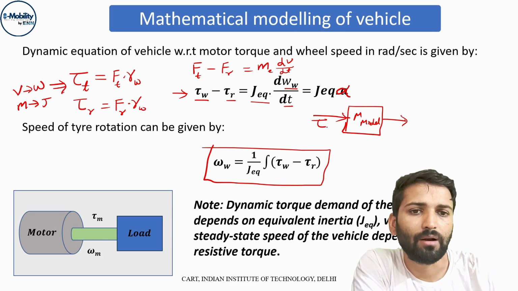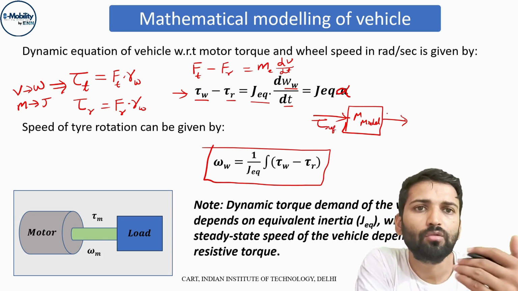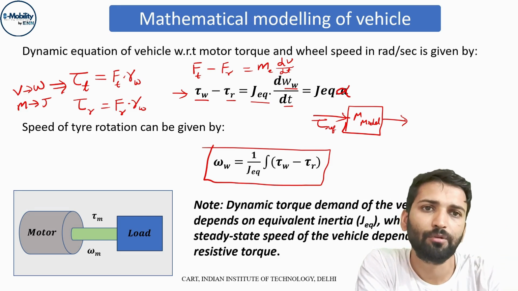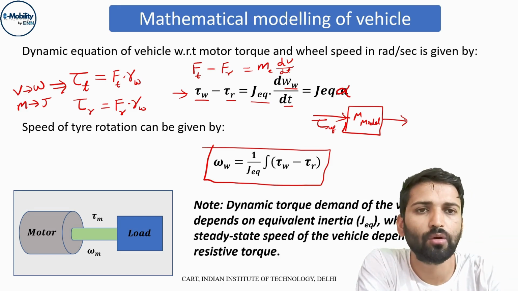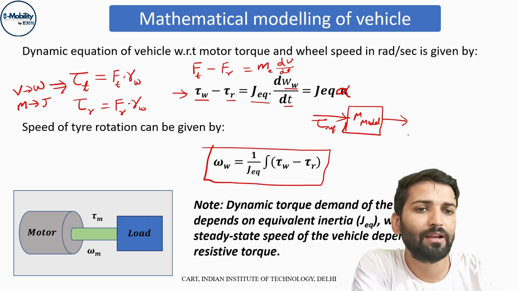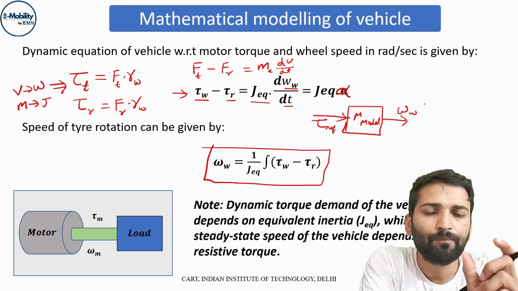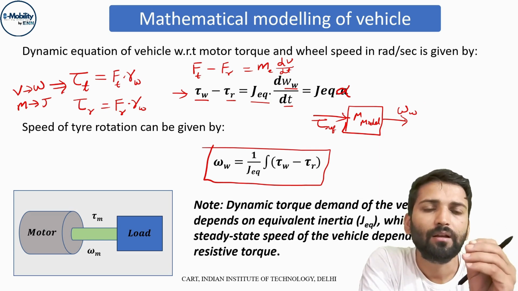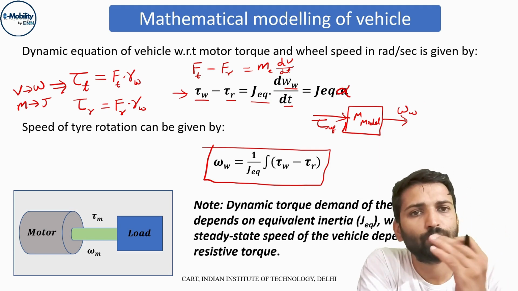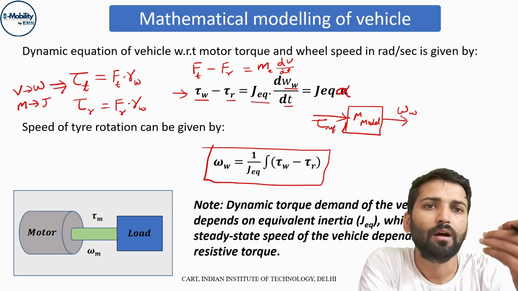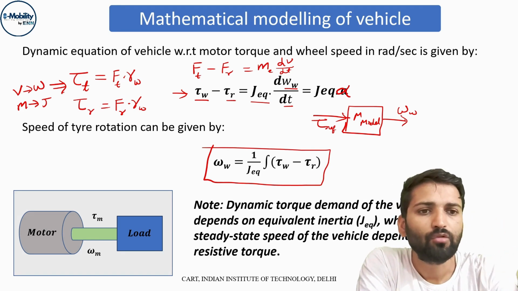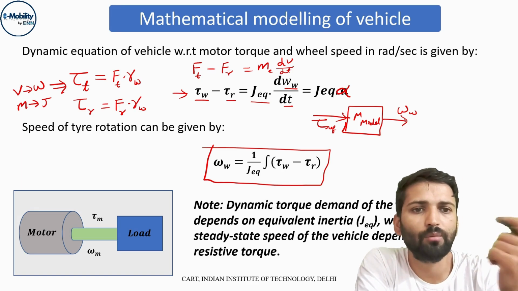That is the reference torque command. In response, the model has to generate some speed, the vehicle speed. So we have to design a model in which the input is a torque and the output is a speed. This is a rough idea of how we start making the model.